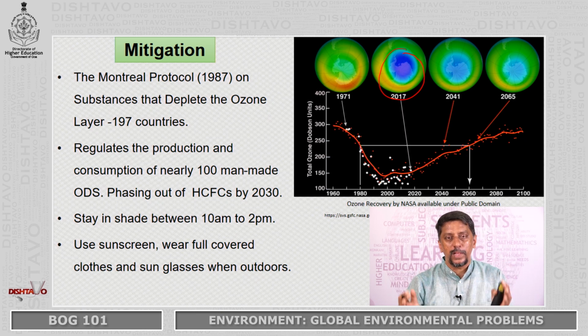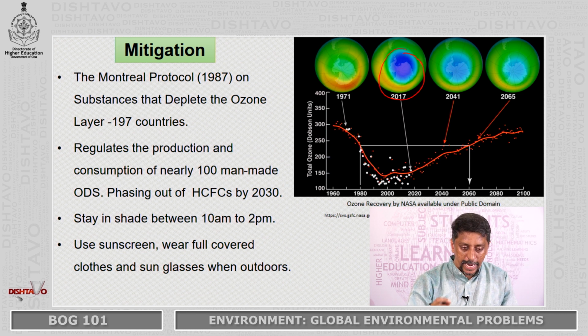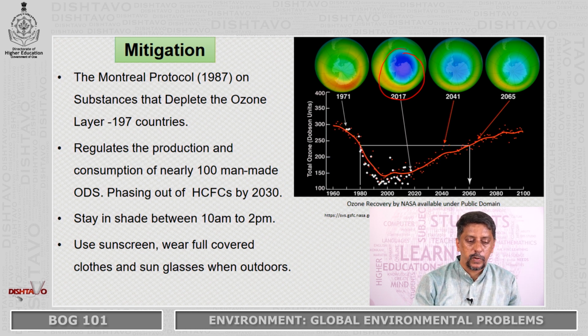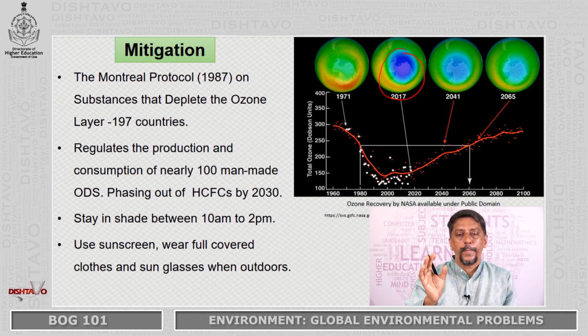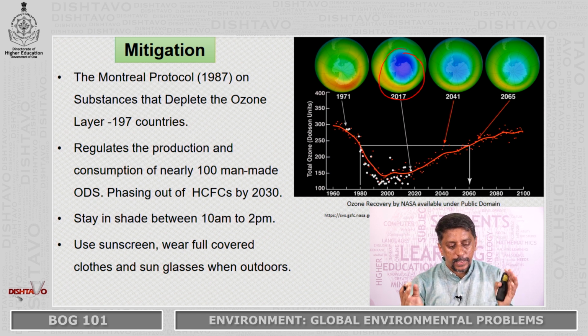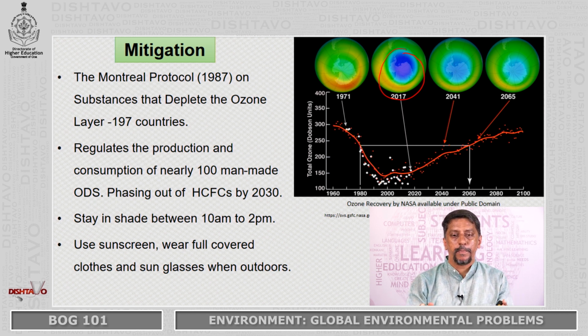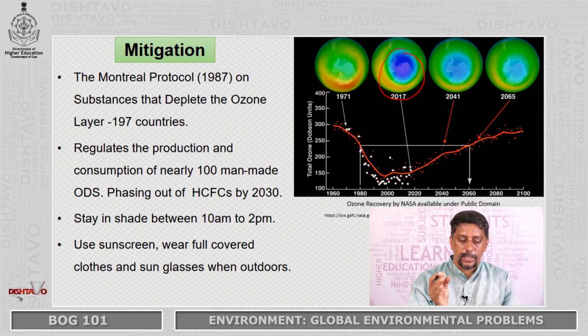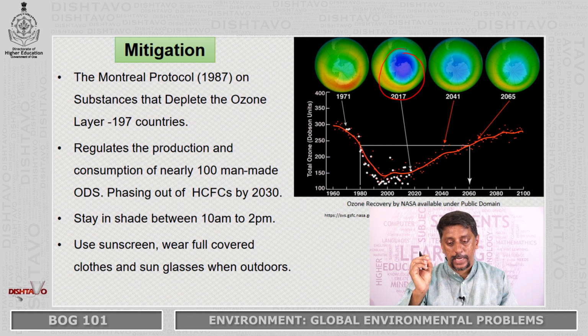That is, all the countries of the world have signed to this Montreal Protocol, which regulates the production and consumption of nearly 100 man-made ozone depleting substances. And the world has come together to decide that by 2030, the hydrochlorofluorocarbons that are used and which are affecting the ozone layer will be phased out.